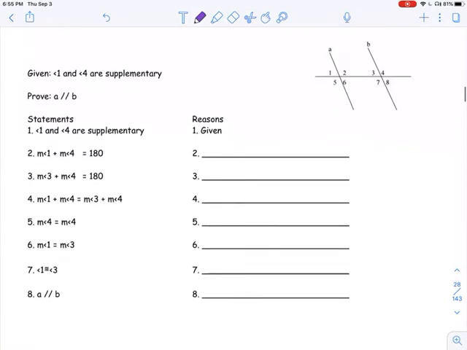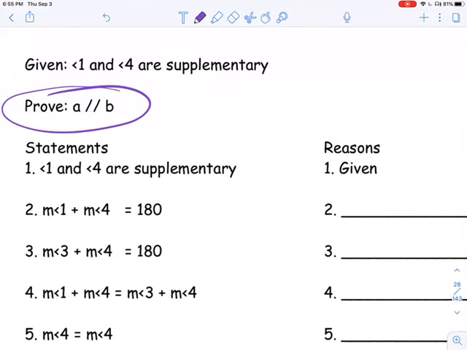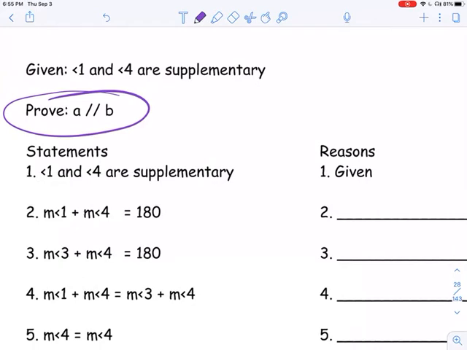All right, so in this case, we want to prove that our lines are parallel. One thing I want you to take certain mental note of is that if I need to prove my lines parallel, I cannot use a reason with "if parallel" in it.